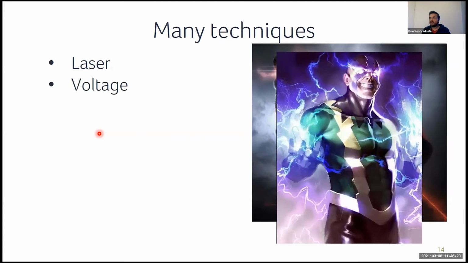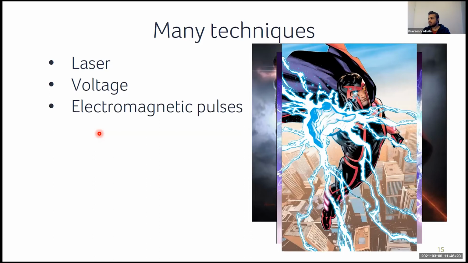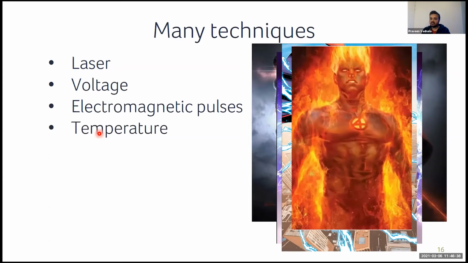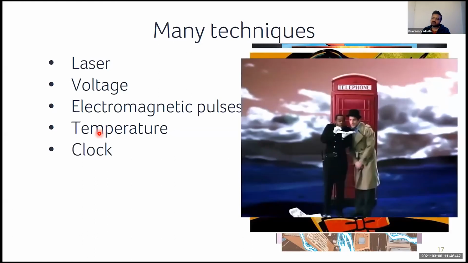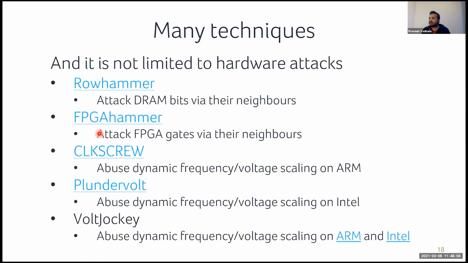As I already mentioned earlier, you can use voltage to go either beyond the operating area or below it. Electromagnetic pulses can create EM faults. You can also change temperature beyond the operating conditions of the chip, or even clock frequency. So there are a lot of ways in which you can induce faults into a device. But another thing to note here is that faults are not limited to just hardware.